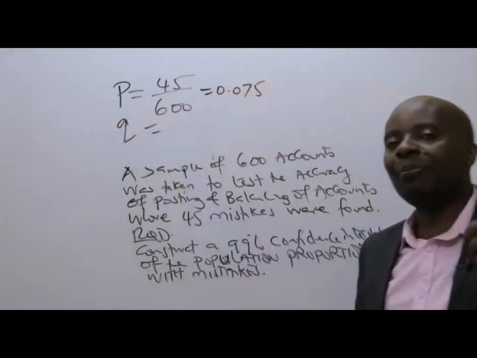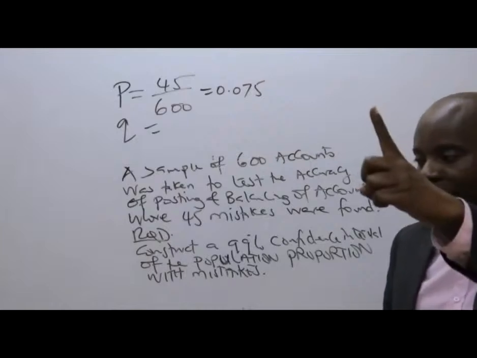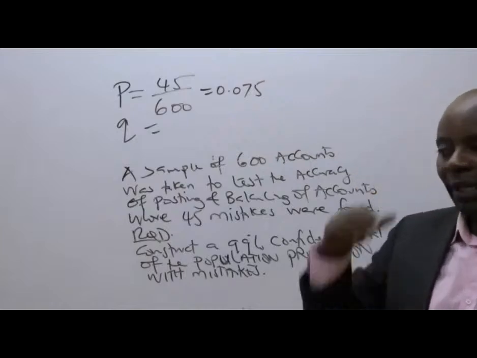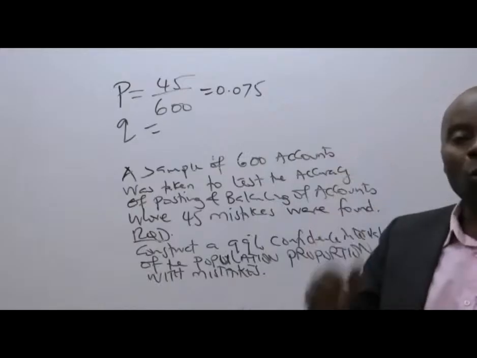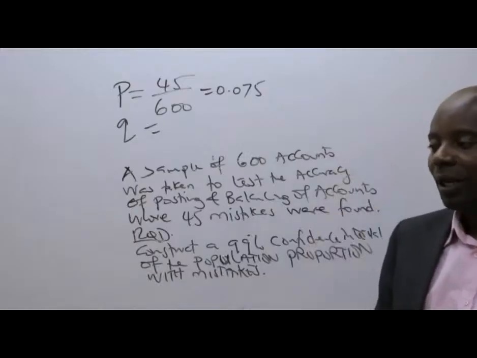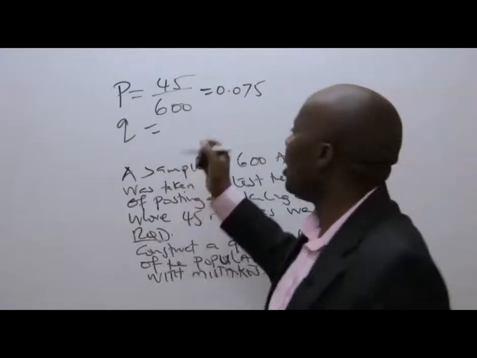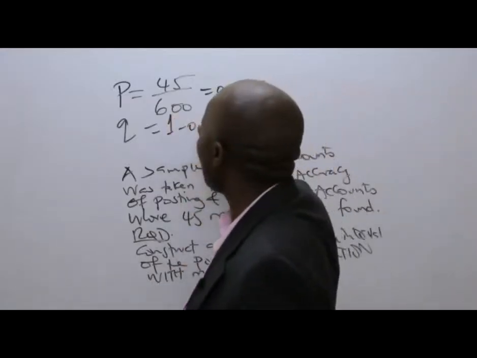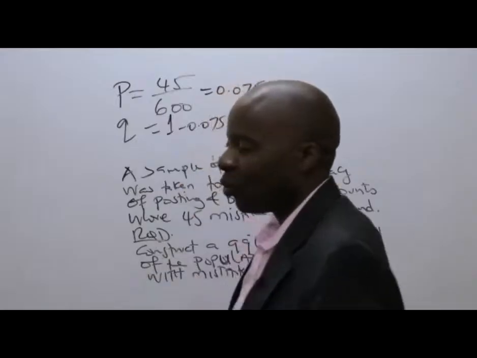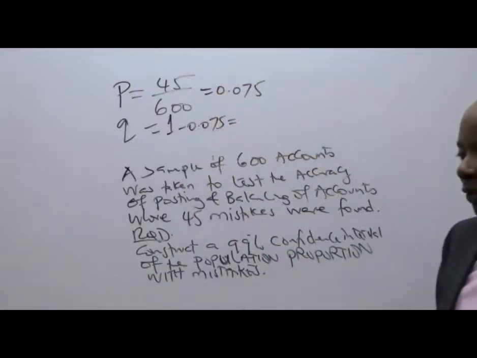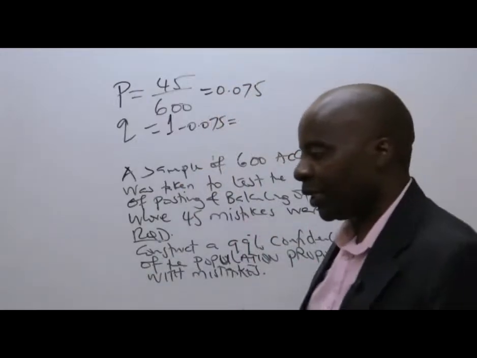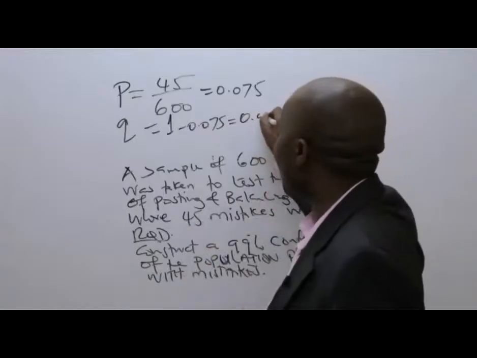Remember that P plus Q must always add up to 1, meaning that Q will be 1 minus 0.075, which gives us, according to Denzel, 0.925.